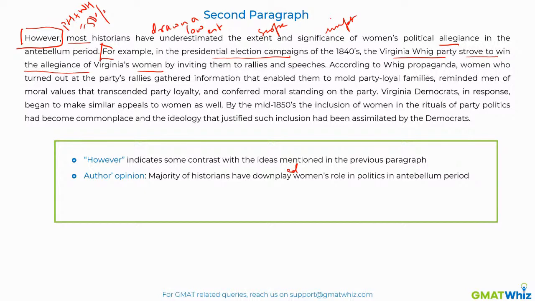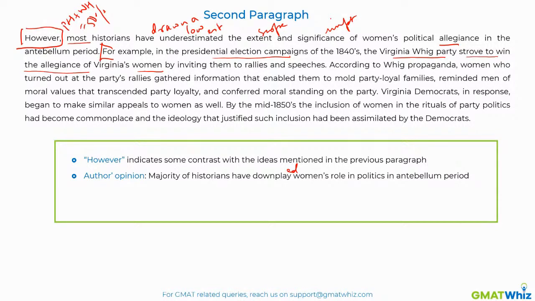What do you think allegiance would mean if you did not know it earlier? If a party is trying to win the allegiance of women, men, children, anybody, what would allegiance mean? In very simple words. I don't need some fancy word or explanation here. Yes? Okay, they would be trying to win the votes, Shubham. Absolutely. And if you want to win the votes, you need support.